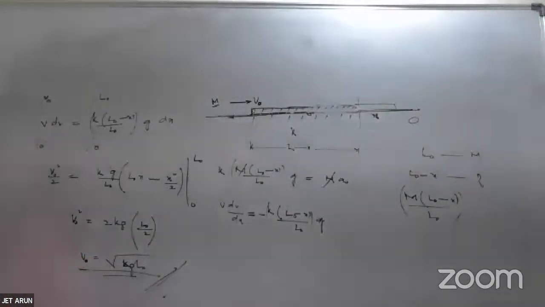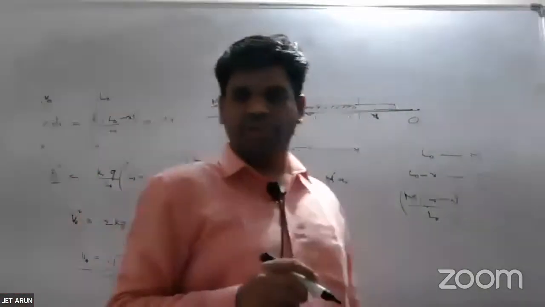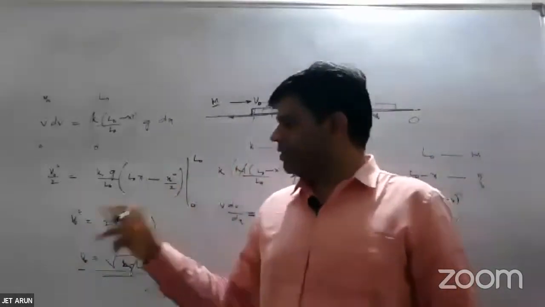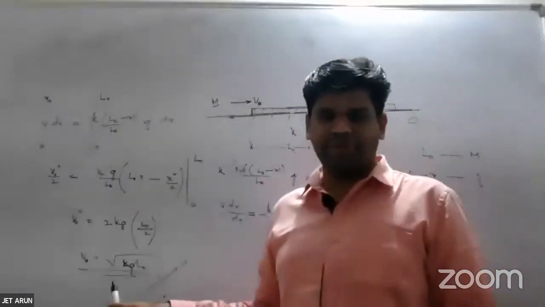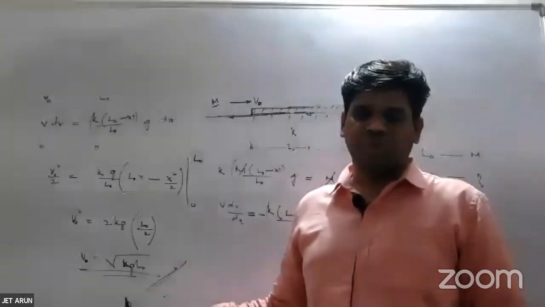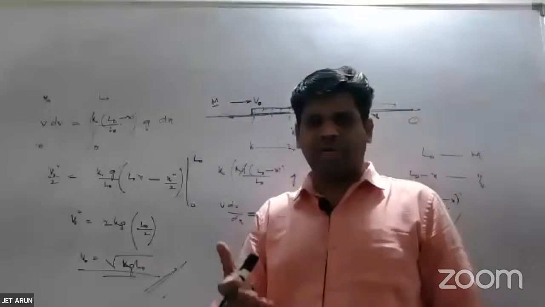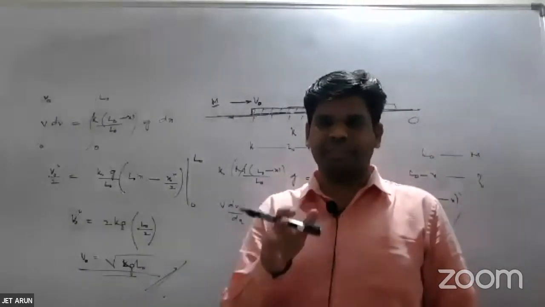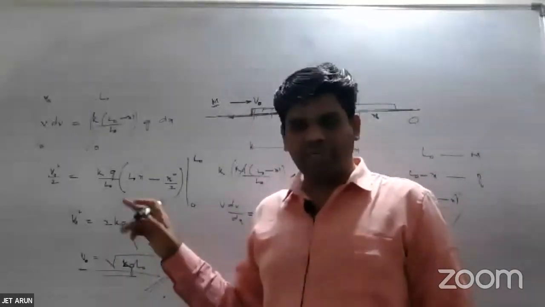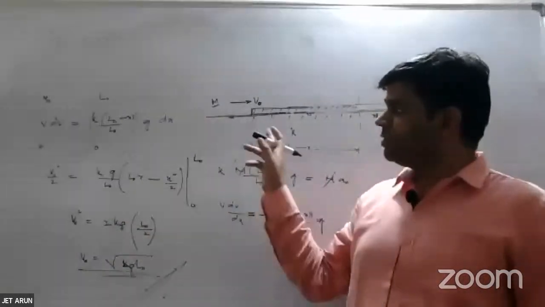All right. When we do some SHM question, we'll solve this again and we'll get x as a function of t. Then you'll understand the beauty of the problem. Write in the footnote, we'll revisit this problem when we do SHM. Or sometime again when you have time like this, where we can solve only problems for IIT-JEE and advanced level, then we'll solve this problem again, where we'll find x as a function of t.